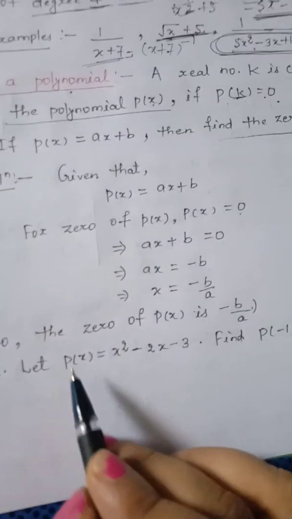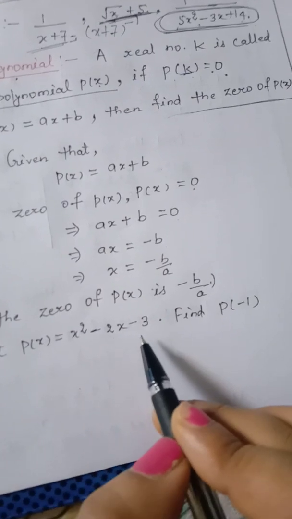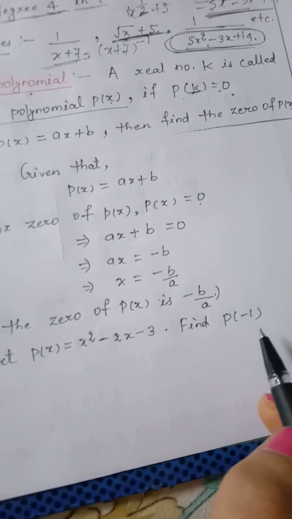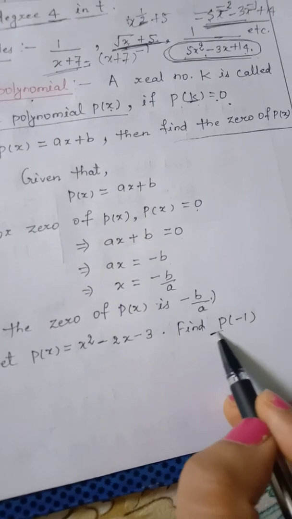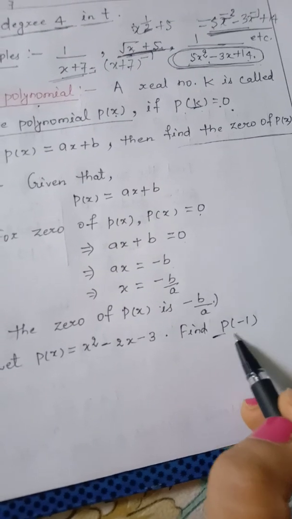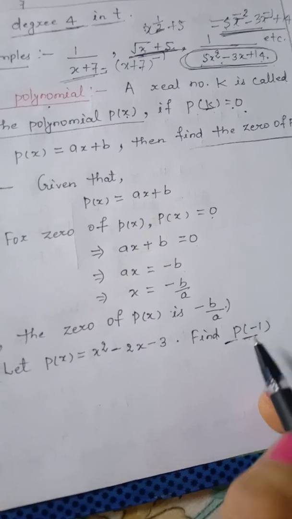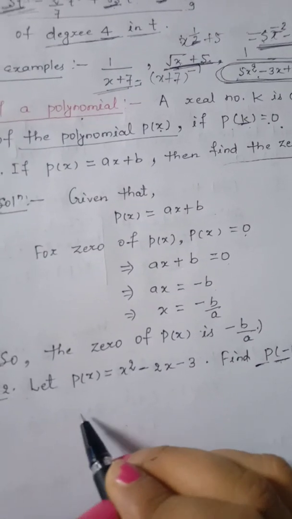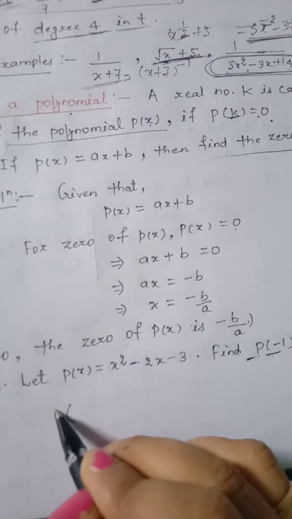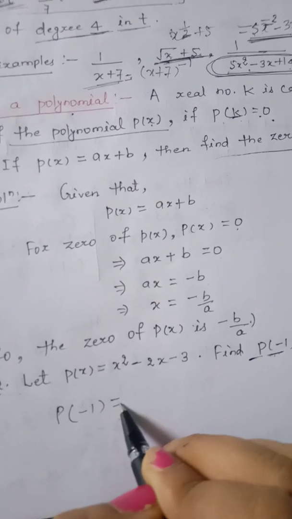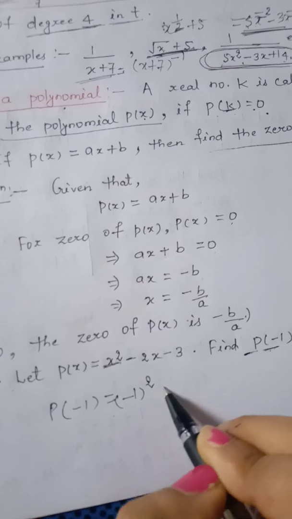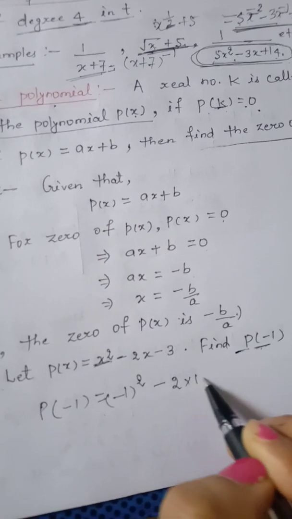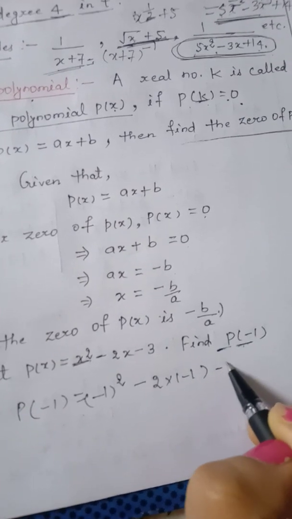Now the second example: let p(x) equal x square minus 2x minus 3. Then find p of the value of zero, which is minus 1. Then p(minus 1) equals (minus 1) whole square minus 2 into (minus 1) minus 3.